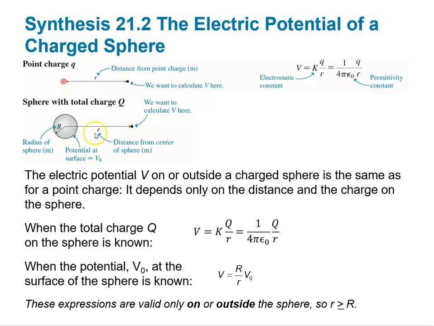R is the distance from the center of the sphere. V sub 0 is the potential at the surface, and then you can use that to calculate V at any point outside, or a certain distance away from the sphere.